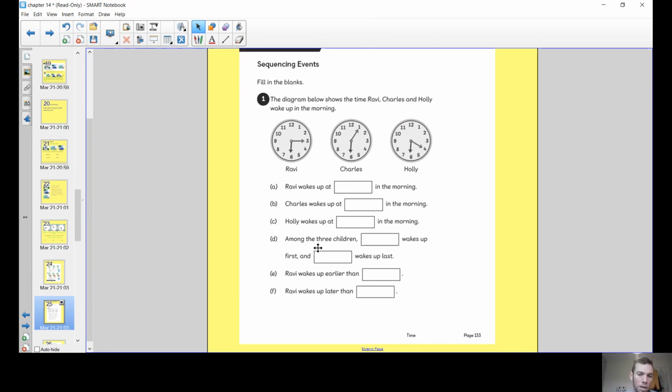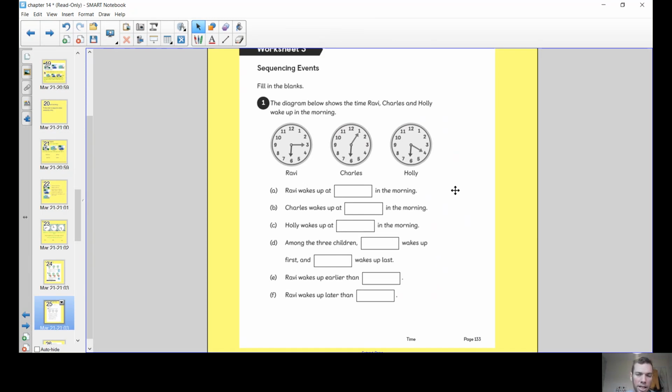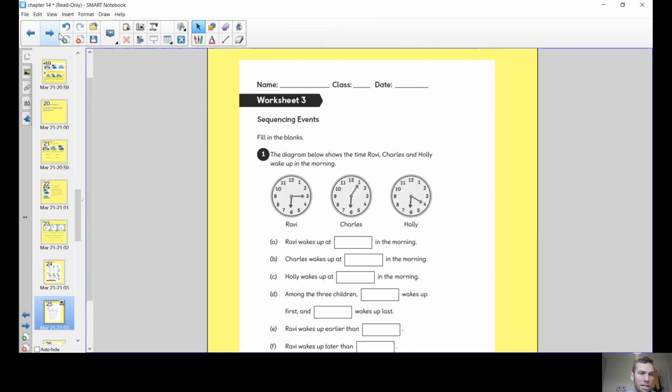Okay. Among the 3 children, someone, this is a name, wakes up first, and someone, this is another name, wakes up last. Ravi wakes up earlier than, another name. Ravi wakes up later than, another name. So read the whole sentence to yourself first, everybody, so that you know it makes sense.